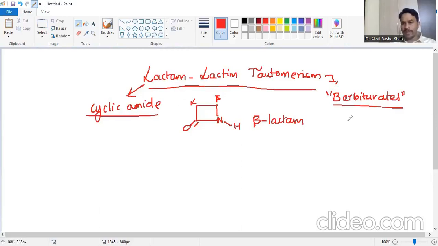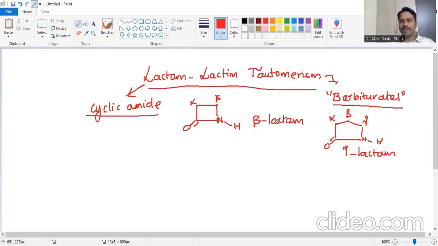Similarly, we also have extended versions like this. This is alpha adjacent to the functional group, then beta and gamma lactam. The majority of people have the perception that lactam means only beta lactam. It is not like that. Lactam may be of any size. The simple point is it will start from a 3-membered ring.